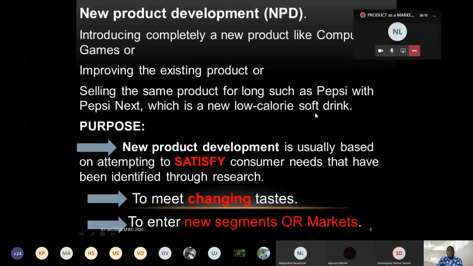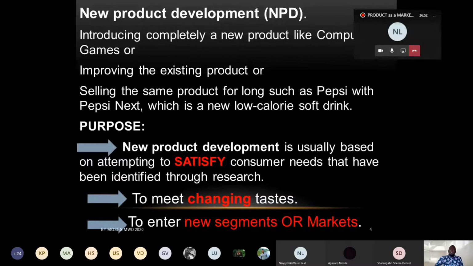And the last one, you can introduce a new product in order to enter a new market. Maybe initially your market was for young people, and now you need to improve your product and you can also cater for older people. You get? So what you're trying to say is NPD is important because you might find out that your market was having a given segment of age or gender or income, and maybe you want to enter another market.